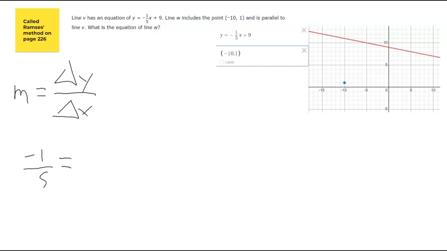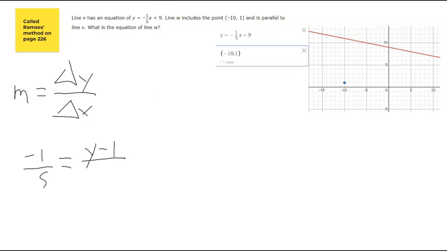Now, we want to write the change in y in the numerator. So we're going to put a y, and then we're going to put this y coordinate right here. So y minus 1, because remember in our slope formula we have a y minus the y and an x minus the x. So the minus is just part of the formula.